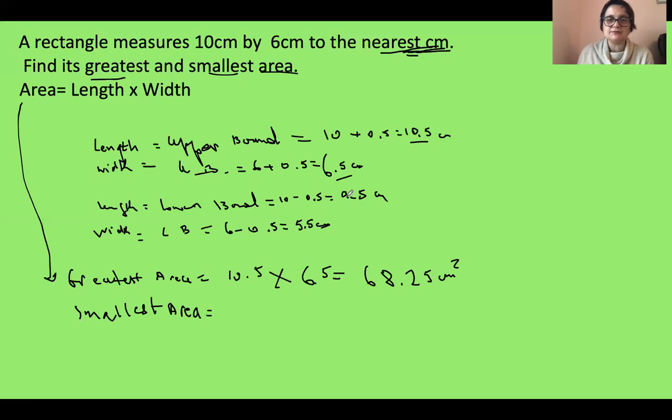So it's 9.5 times 5.5, and the answer is going to be 52.25 centimeters squared. So this is how you find the greatest and the smallest area.